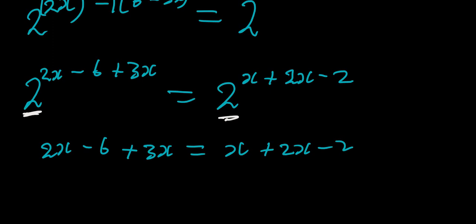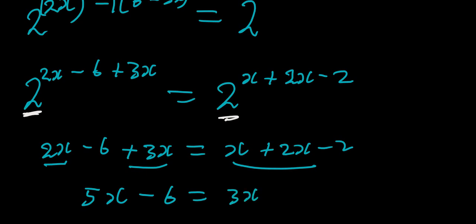Now combining like terms, over here we have 2x plus 3x, that's going to give us 5x minus 6, is equal to x plus 2x, which is 3x, minus 2.